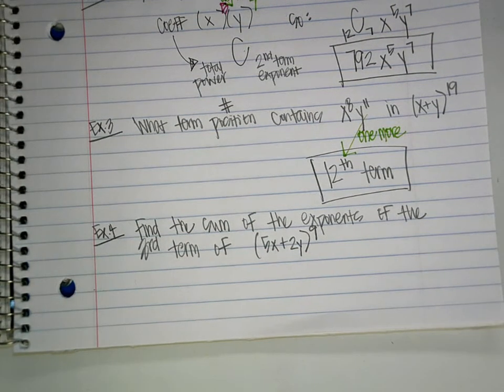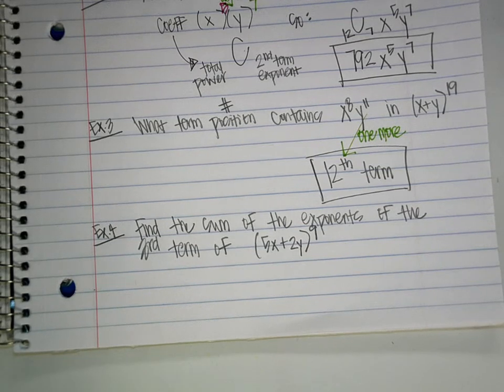Find the sum of the exponents. How many examples? I'm not sure yet. I see. Find the sum of the exponents of the third term of (5x plus 2y) to the 9th.